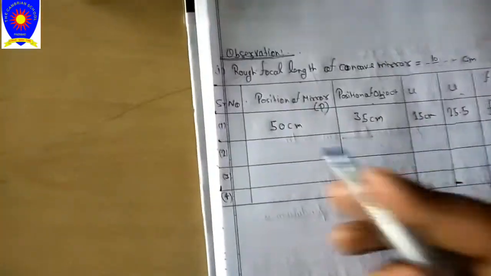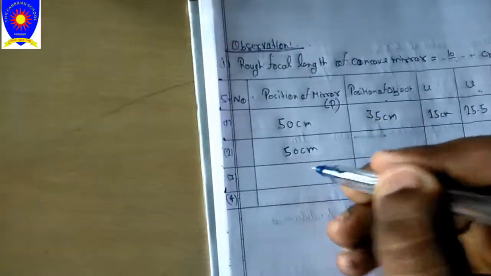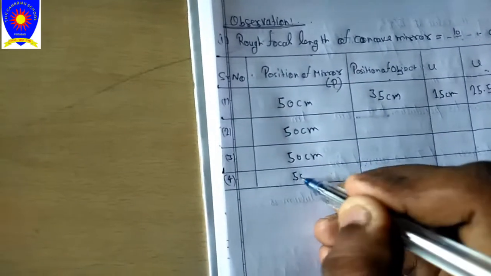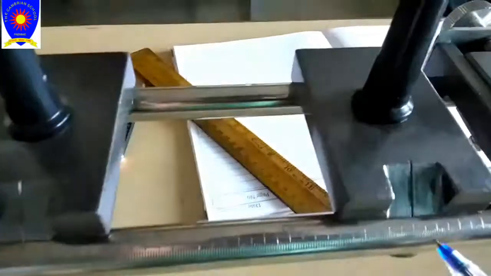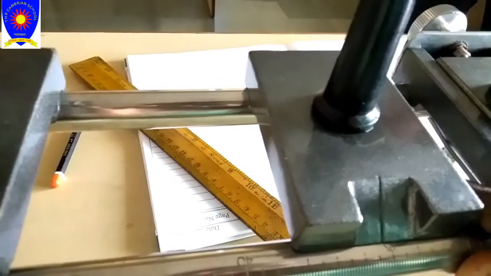Now again we have to perform our second reading. The position of the mirror will not change. Now we should change the position of the object pin, only by 2 centimeter. So it is at 35, so set it at 2 centimeter only.